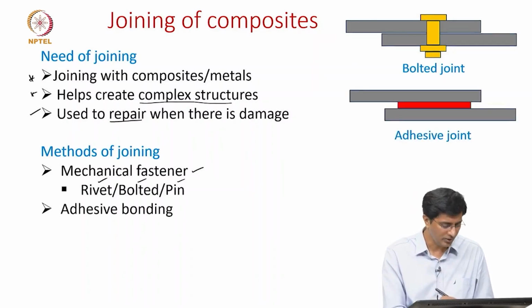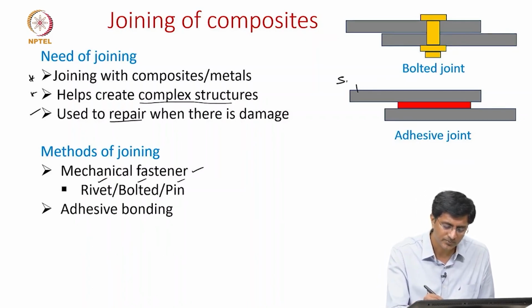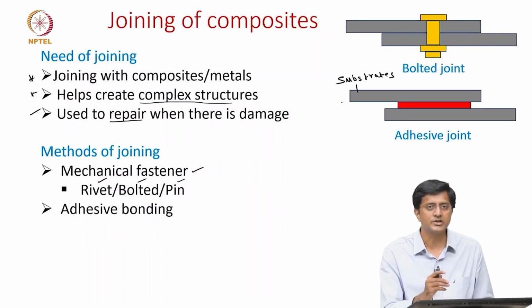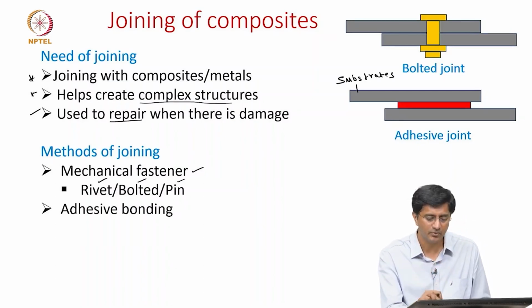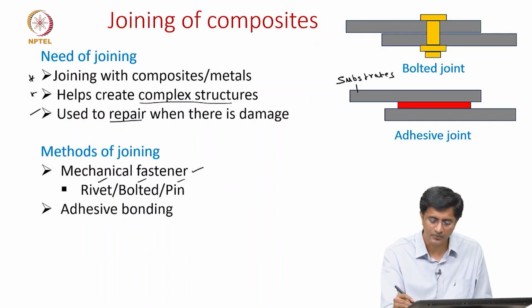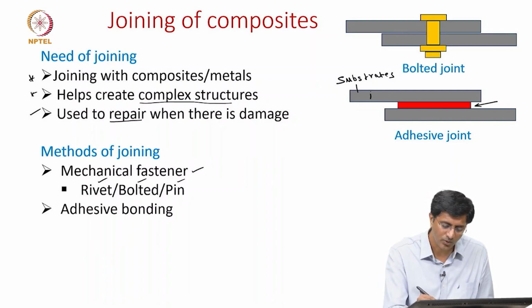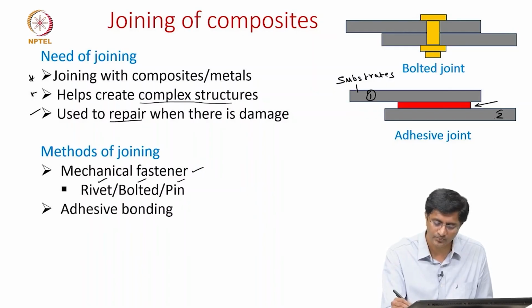The more commonly used is adhesive bonding, where let's call these the substrates. Substrates are ones which are made of either metal or composite. So this could be a composite laminate or maybe a metal sheet. Let's say this is substrate 1 and this is substrate 2.